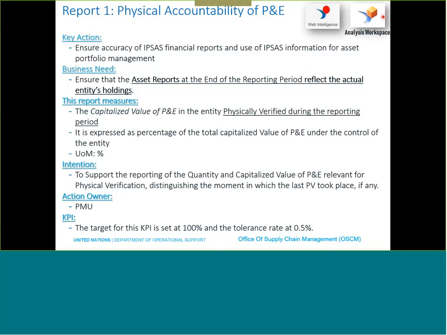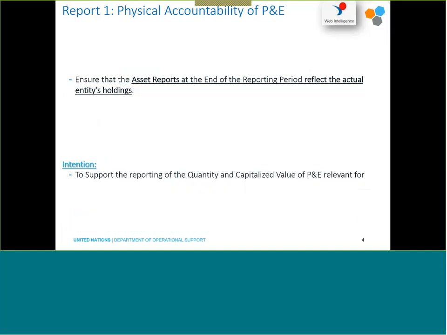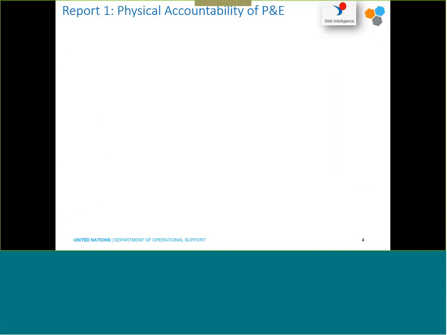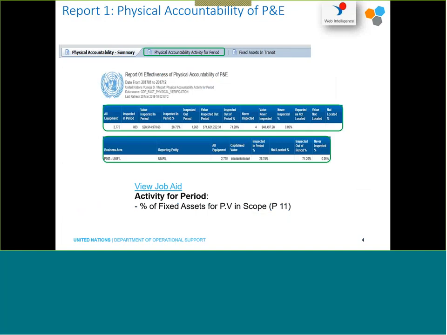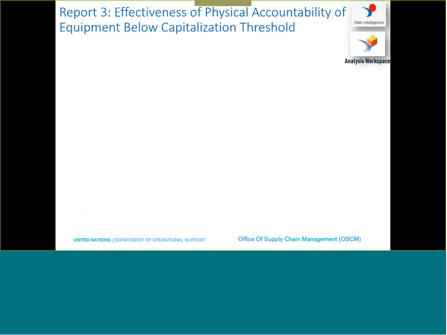And as you will see, because today is the same case, some reports like report 1 and 3 share the analysis workspace. So what you have to understand is that the KPIs, business needs, and the intention of the report in the analysis workspace that combines report 1 and 3 would be a combination of what we see in this slide for report 1, and what you would see for the business need and KPI for report 3, which is this one.